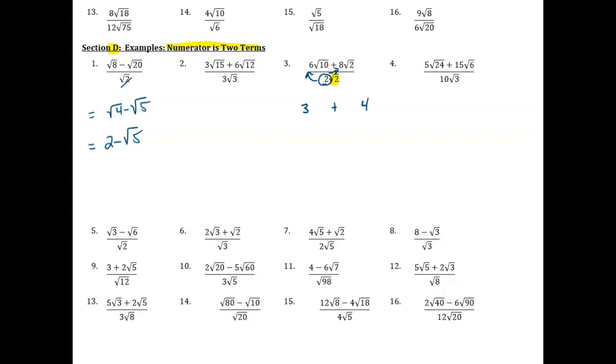It has to go into 10 and the 2. So root 10 divided by root 2 is root 5. And root 2 divided by root 2 is just 1. It cancels. So your answer is 3 root 5 plus 4. Okay, I think that's long enough. Anything else we'll take care of in class.